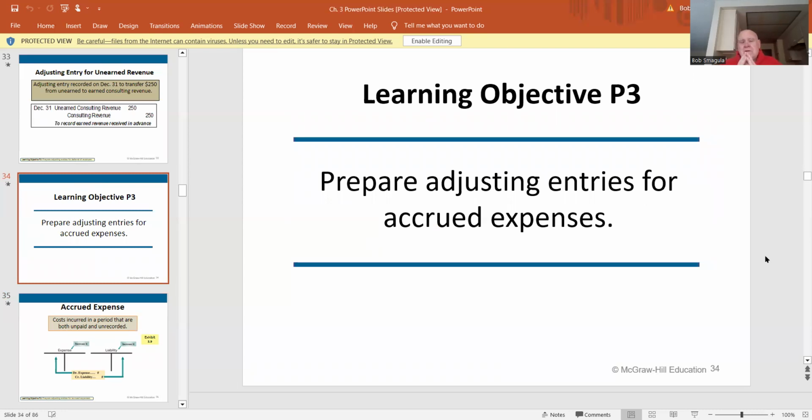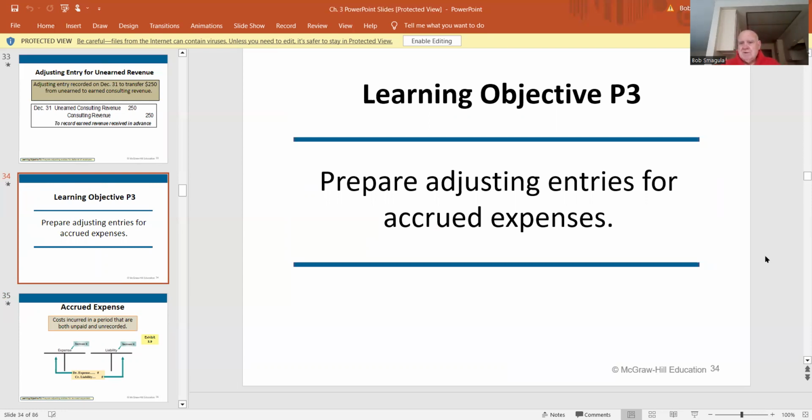Now, we learned about deferrals. Deferral, once again: money has changed hands, but nobody has earned anything or incurred an expense at that point. You got the money, okay? Here, we're going to learn about adjusting entries for what are called accruals, accrued expenses.